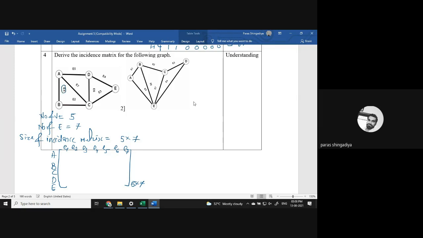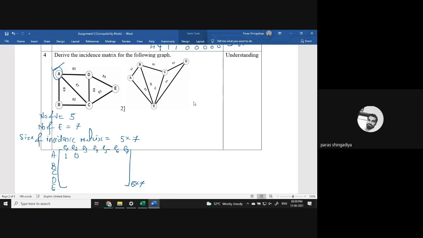E1 यहाँ पे है, A यहाँ पे है. ठीक है, so they are directly connected means it is incidence relation. So A with E1 is equal to 1. A with E2, A और E2 they are not directly connected. E2 यहाँ पे है, A vertex यहाँ पे, means A और E2 incidence relation में नहीं है. ठीक है, so A E2 is equal to 0.